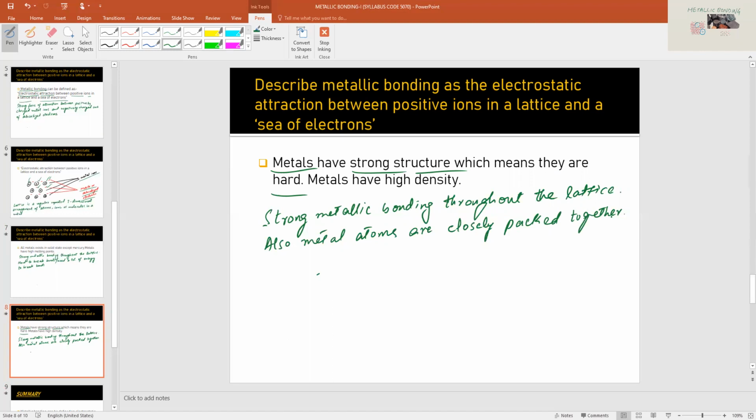Again, we will write that it is hard to break bonds, or need a lot of energy to break bonds.